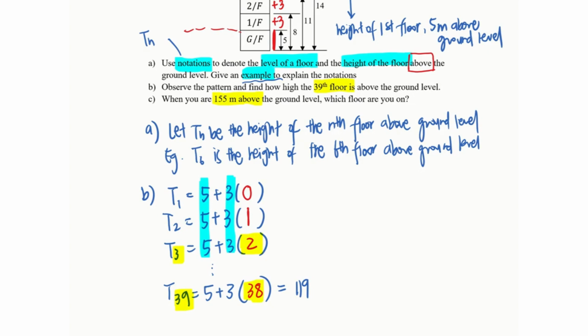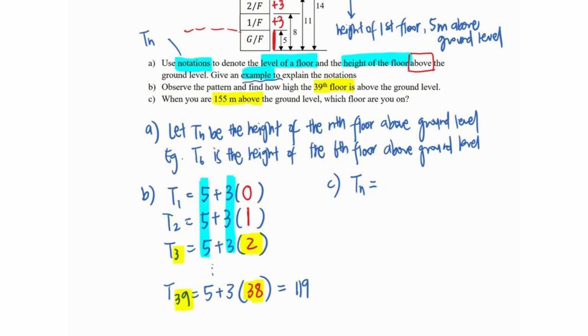So after we have found out the 39th term, let us move on to part C. It says, when you are 155 meters above the ground level, which floor are you on? So to find out the floor we are on, we have to find the general term first.